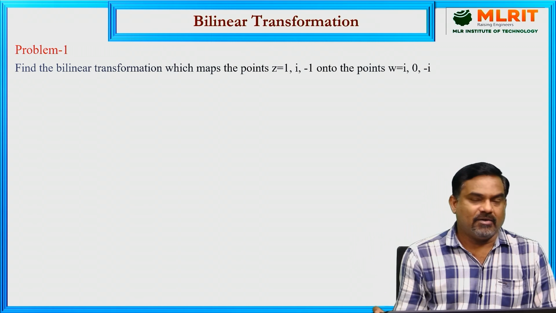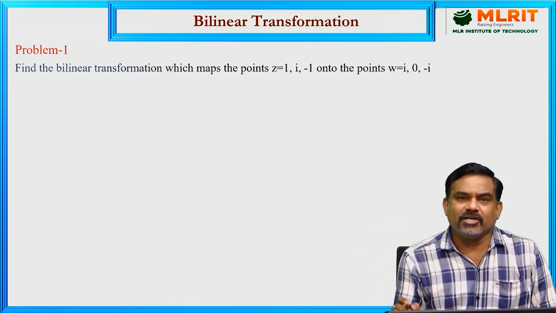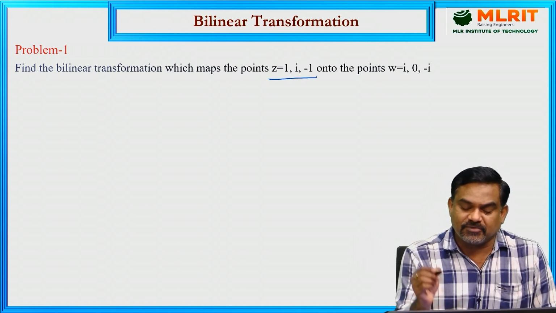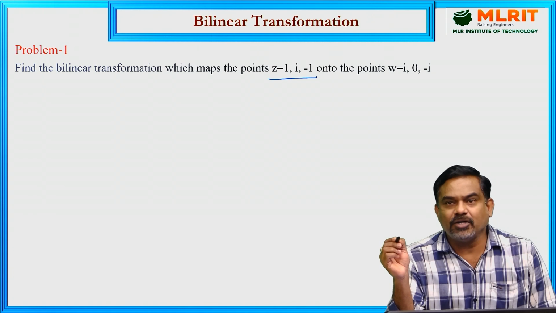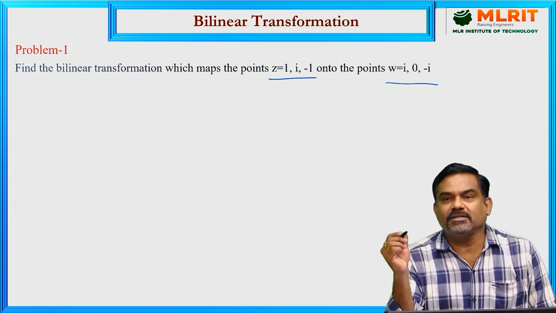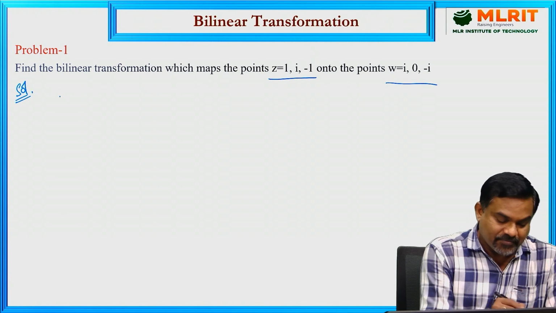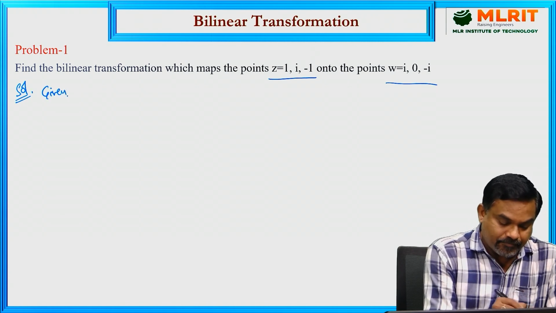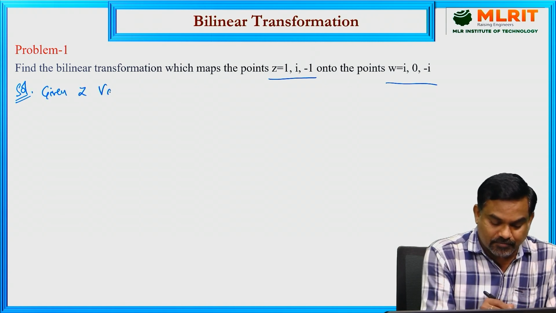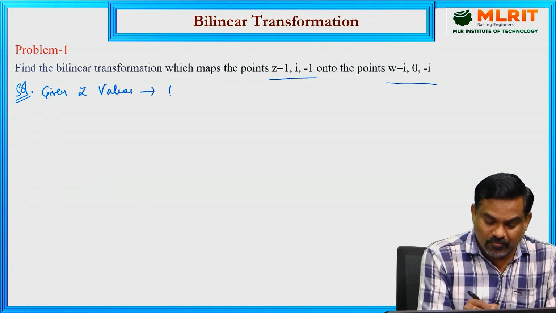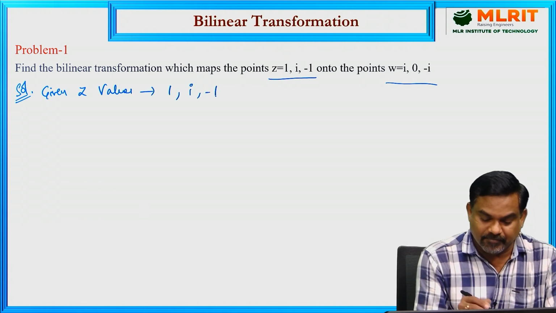Now coming to the first problem: find the bilinear transformation which maps the points 1, i, minus 1 onto the points i, 0, minus i. Coming to the solution, the given Z values are the points 1, i, minus 1.